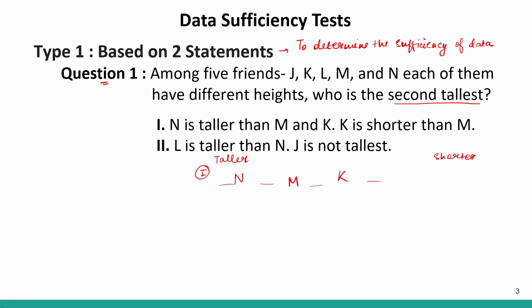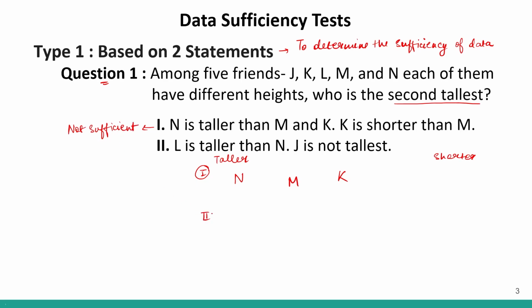To find the second tallest person, I would require some more information. Therefore, statement 1 is not sufficient.